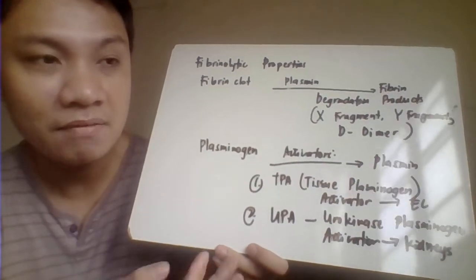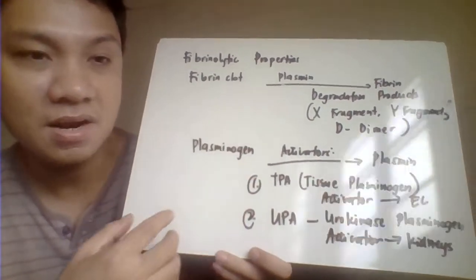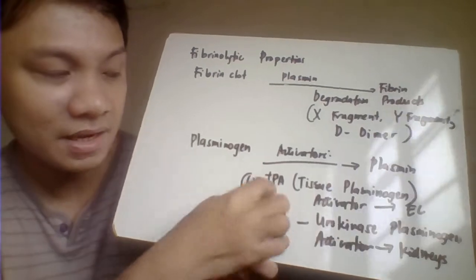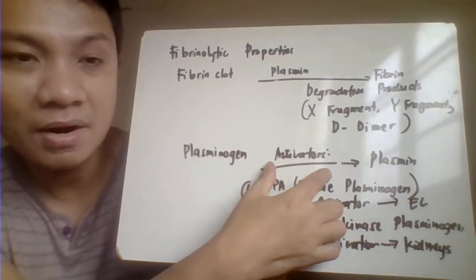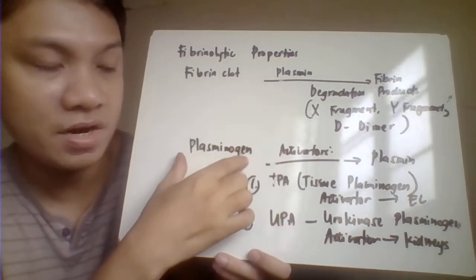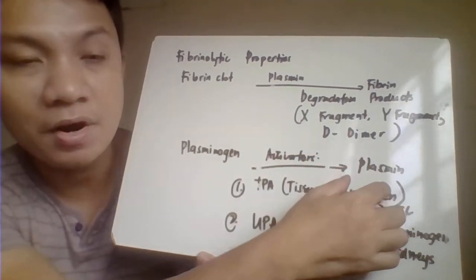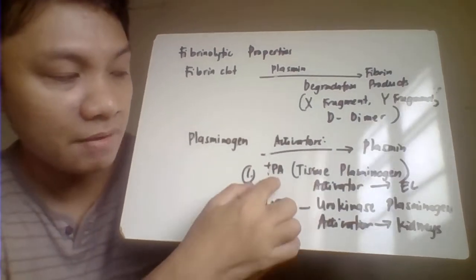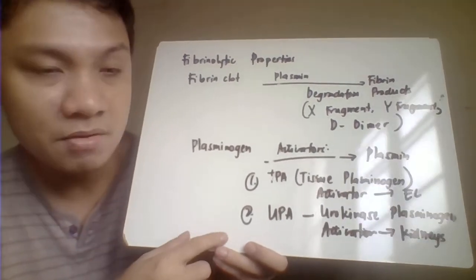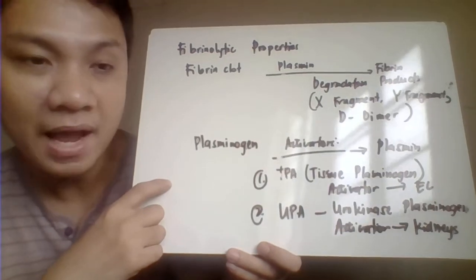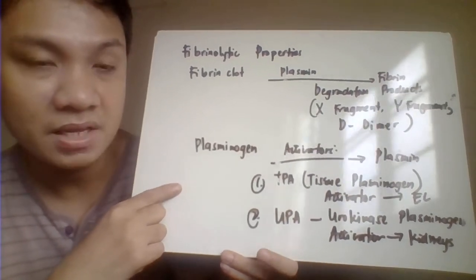May dalawa tayong activators. Although you could have other activators, these are the two main activators. Again, ang activators natin, you are needing that one in order for you to convert your plasminogen to the active form na plasmin. First one, we have the TPA, your tissue plasminogen activator. And we have another one, the UPA or the urokinase plasminogen activator.